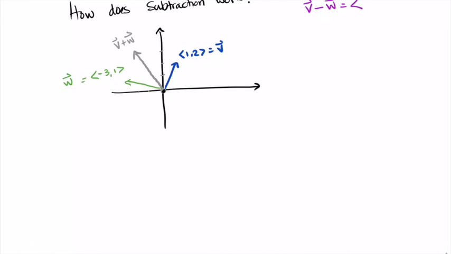It's going to be v, the entry here, minus w. So 1 minus -3 and 2 minus 1. And that's going to give us 4, 1. And so now our resultant is 4 over and 1 up. So this is in fact v minus w.